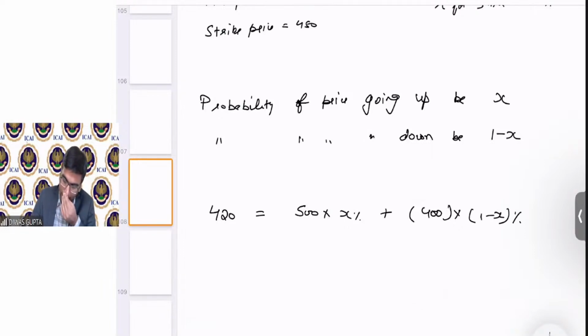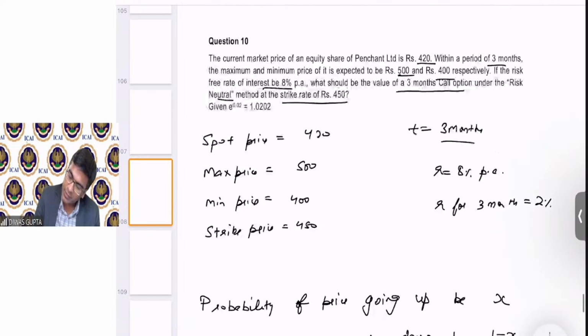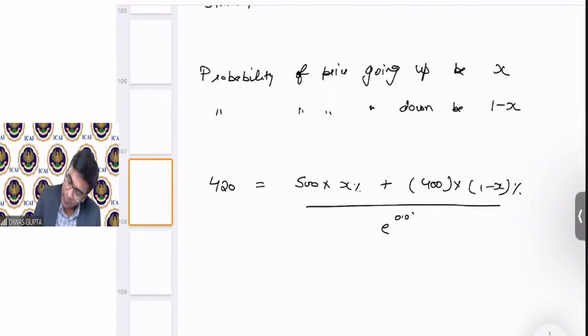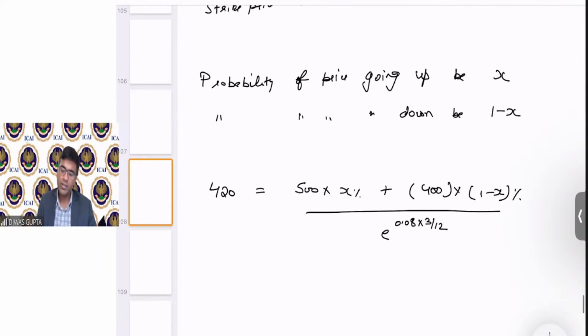Correct? This whole divided by e raised to the power r, which is 8% into 3 by 12. Okay. This is correct.